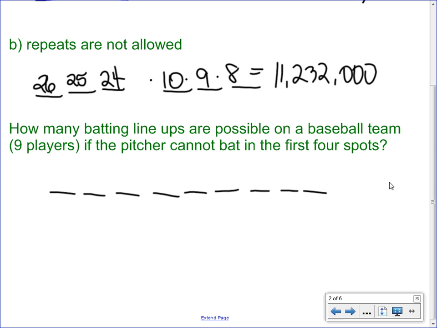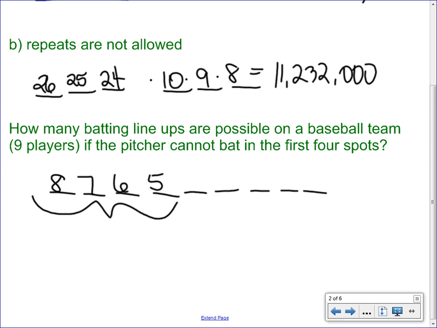So how many players do we have to pick from for our leadoff batter? 8. How many? 7. 6. 5. Now these first 4 spots, this is where the pitcher cannot bat.